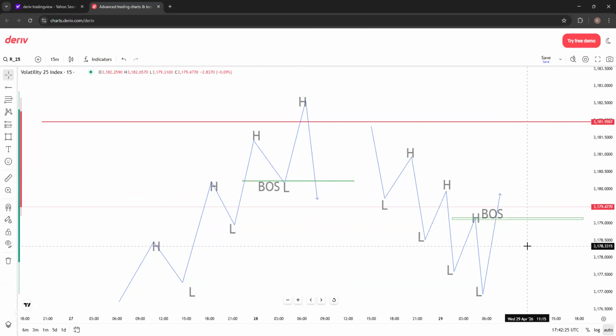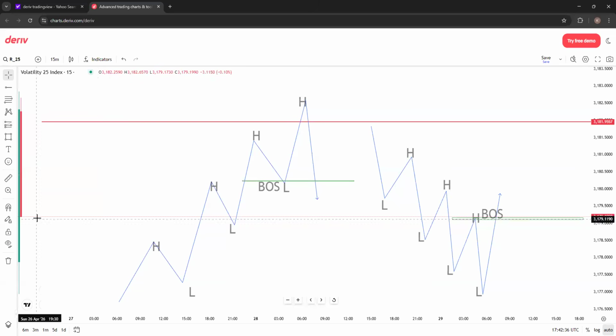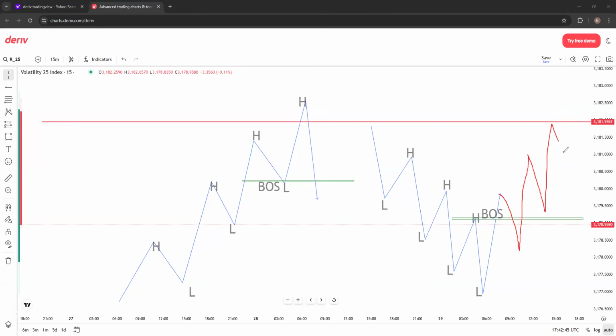Right. After a break of structure, what we expect to see is a low, a high, a low, a high, a low, a high, a low, a high, going in the opposite direction, up until a point whereby we violate a previous low again, right?